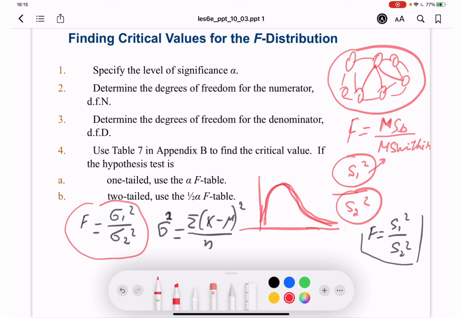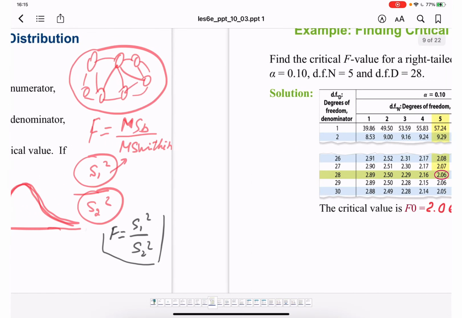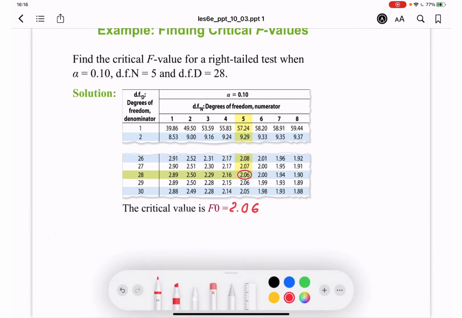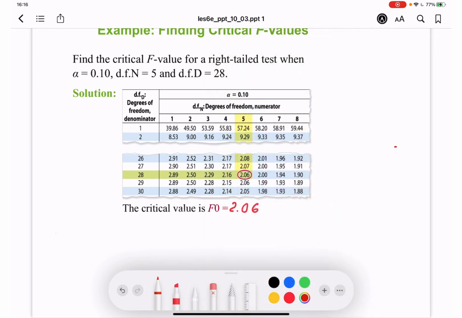I will come back to critical values, but I would like to write down as of now what I want to say. It is very important: right tail, left tail, and two tails. Let me write down. Because it is going to be a hypothesis test, the null hypothesis is always going to be equal: sigma 1 squared is equal to sigma 2 squared.